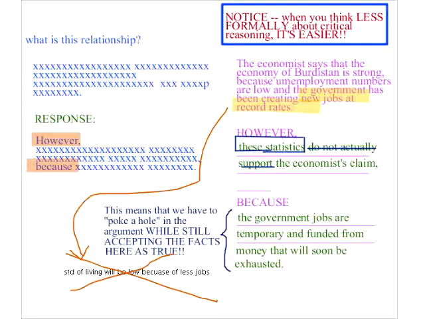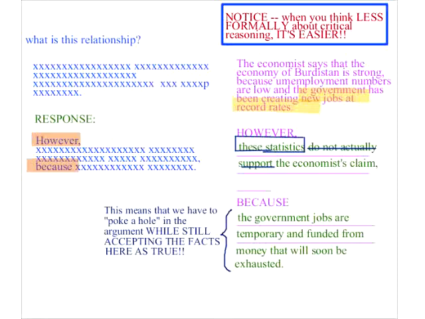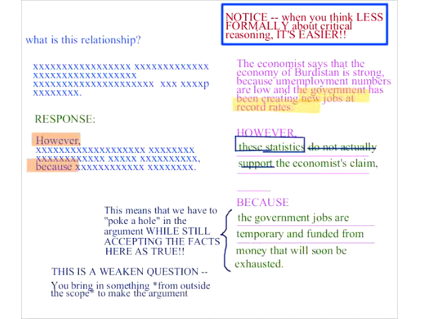So yeah, but what you're going to do is, let me check that question out in the text box in a second. So this is how weaken questions work. You have to bring in something from outside the scope to make the argument weaker.